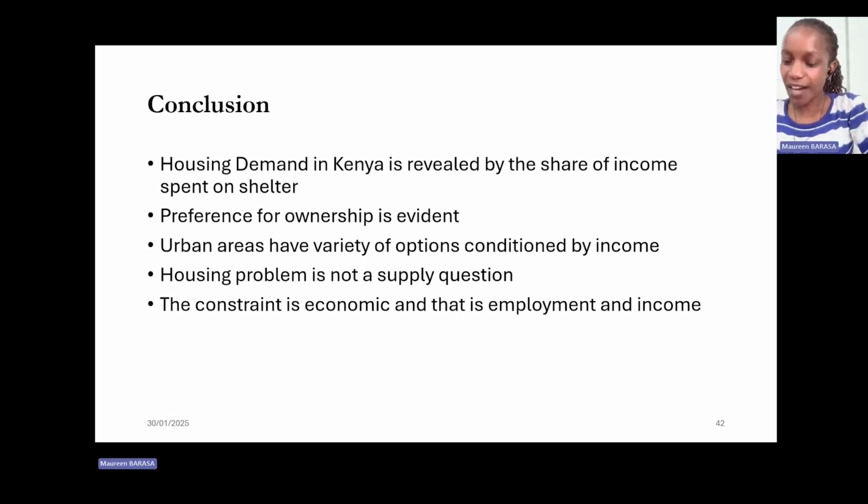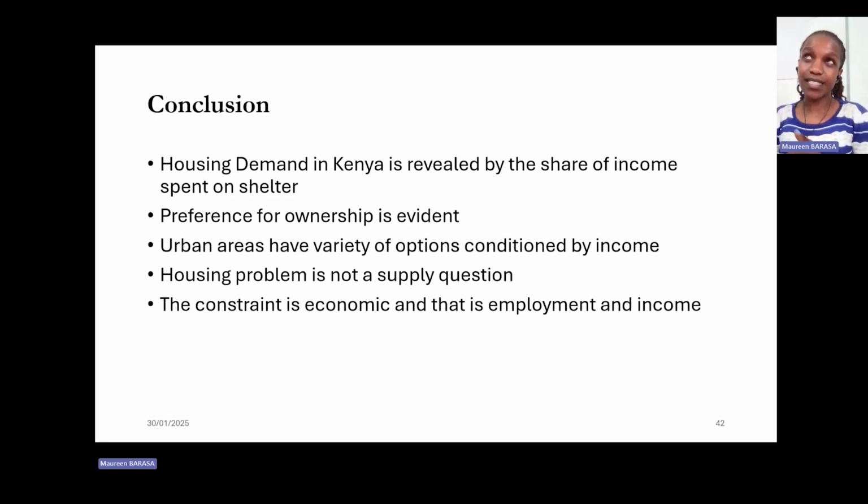I'll respond to Mike's question on the role of housing in breaking poverty, where he says some people have houses, but they're still poor. Going back to the data on ownership, 61.3% of households in Kenya own their homes. It's more or less a preference, but it also indicates income.